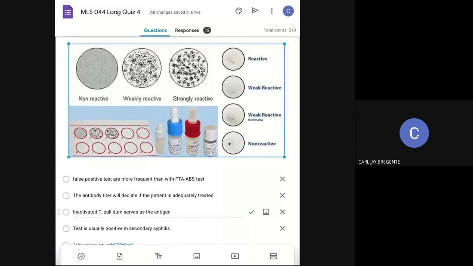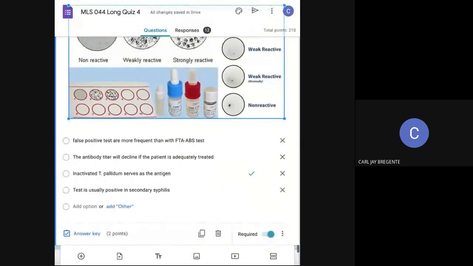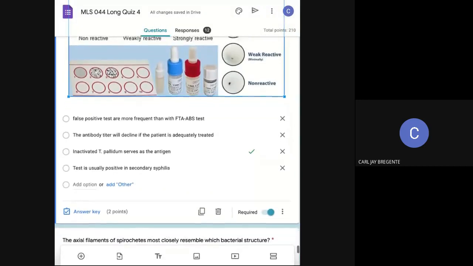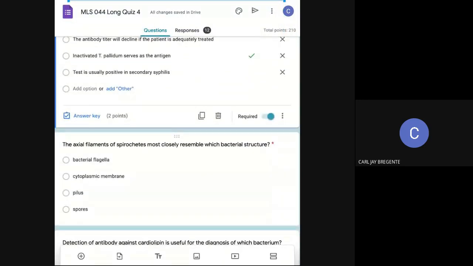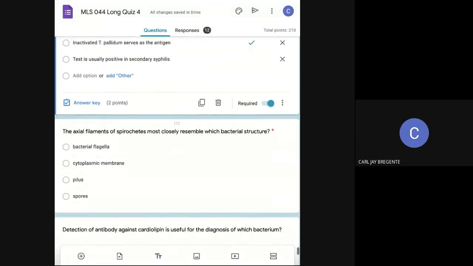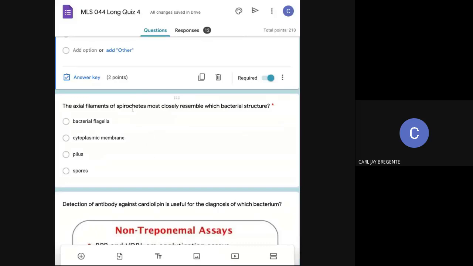And the test is usually positive in secondary syphilis. So, inactivated T. pallidum serving as antigen is not true for VDRL testing. We'll discuss VDRL and RPR tests when you go for serology next month. Basta, VDRL and RPR are non-treponemal tests for syphilis.